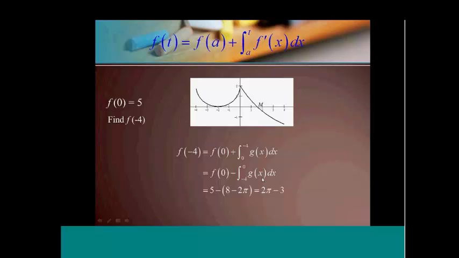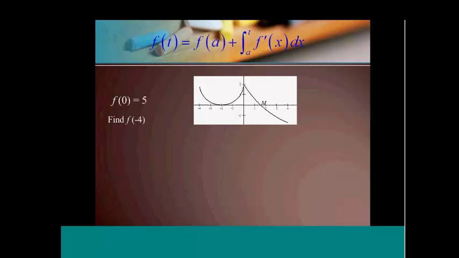And then you need to find this integral by finding the area between the curve and the axis here, which you do by putting a rectangle around it, whose area is 8, and then subtracting off the area of the semicircle, which is 2 pi. And so you get 5 minus 8 minus 2 pi, which simplifies to 2 pi minus 3.